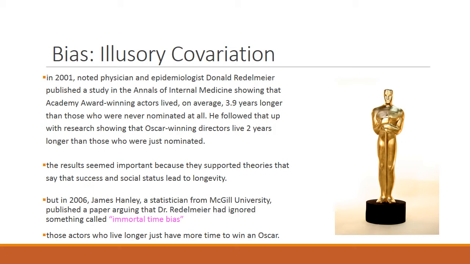So in this case, you think that winning an Oscar causes longer life, but you really don't know the direction of the causality. It could be that living longer causes you to win an Oscar just because you have more time to win that Oscar. So these two things are varying together, but may not have any sort of causality between them, and you impose that causality.